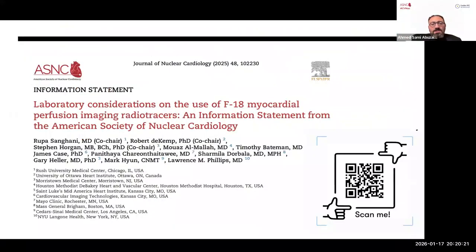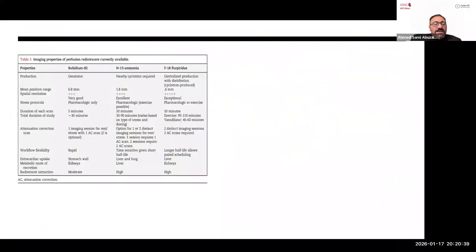Now, as we move into the era of cardiac PET, I think recently we know there's a lot of development in cardiac PET. We have FDG, and recently the new kid on the block, flurpiridaz, the most recent tracer in cardiac PET for stress testing.